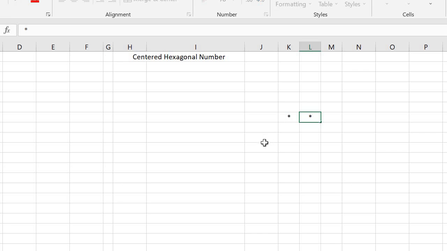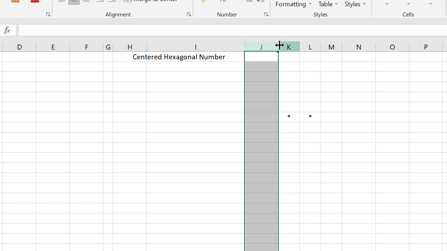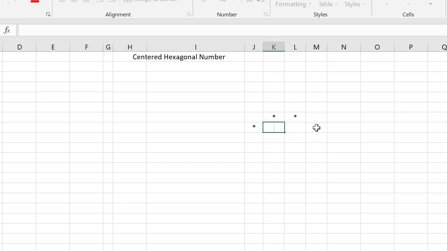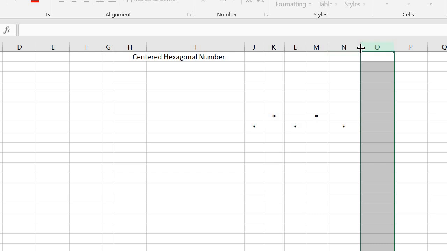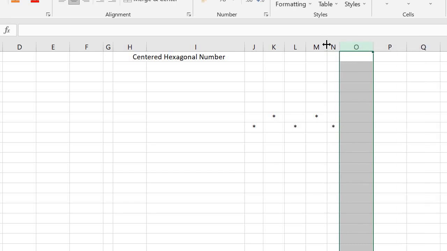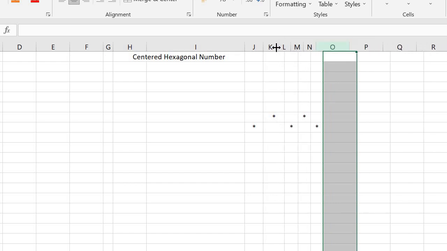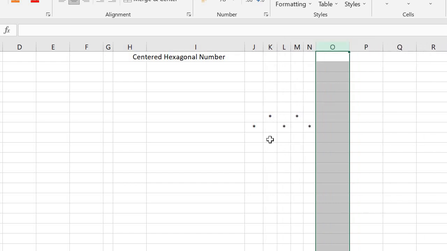Star, then star. I am just assuming that you guys have an understanding of what a hexagonal number is.